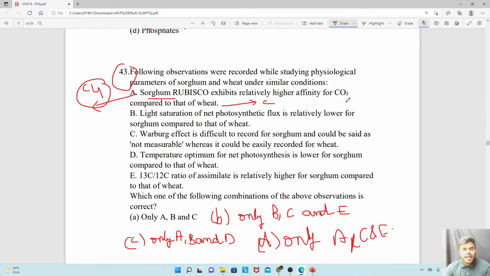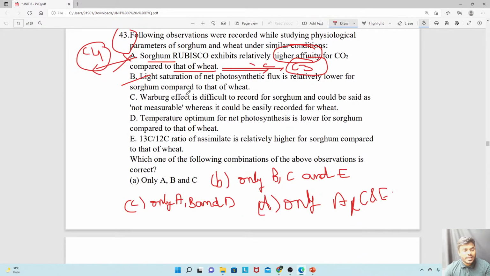And wheat is what? Sorghum, millet, sugarcane, these are all C4 plants. Wheat is a C3 plant. But they said relatively higher affinity. No, it's a wrong statement.